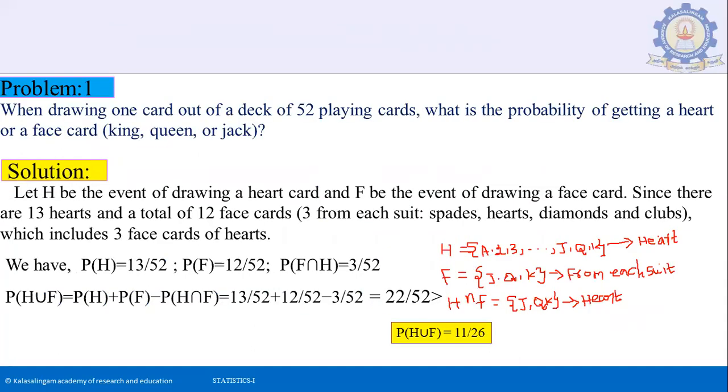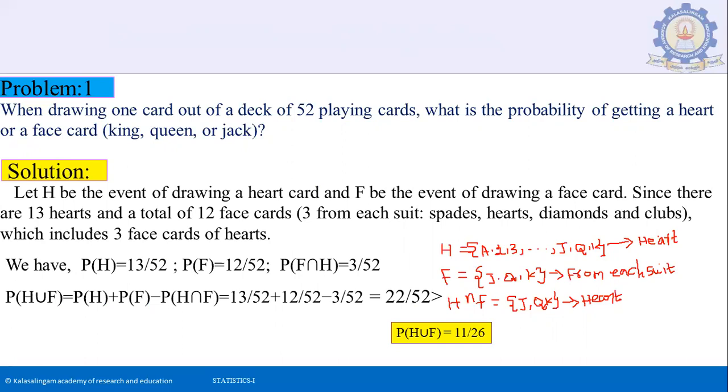Problem: when drawing one card out of a deck of 52 playing cards, what is the probability of getting a heart or a face card? Here, face card means either king or queen or jack.